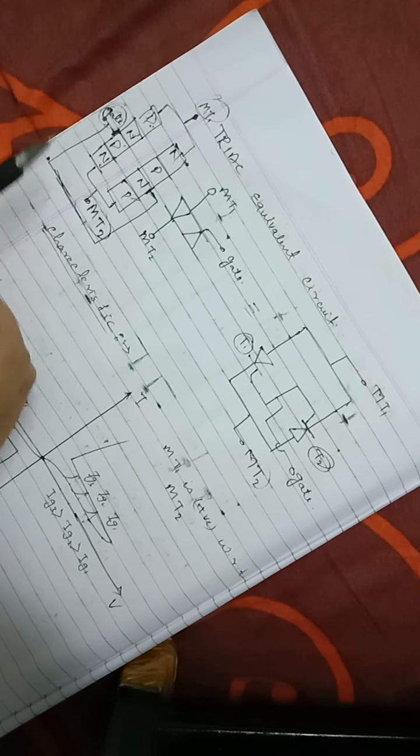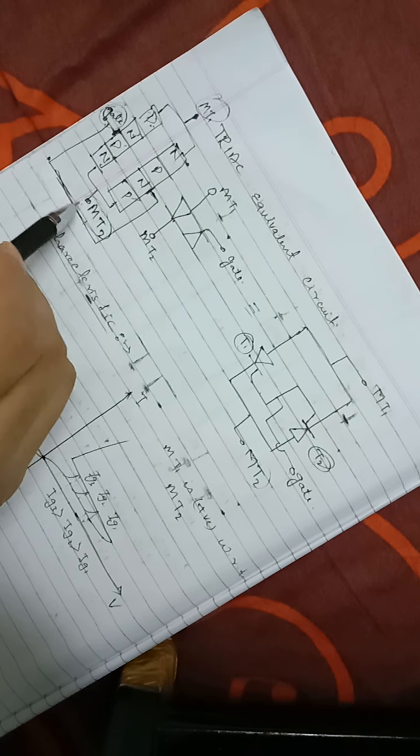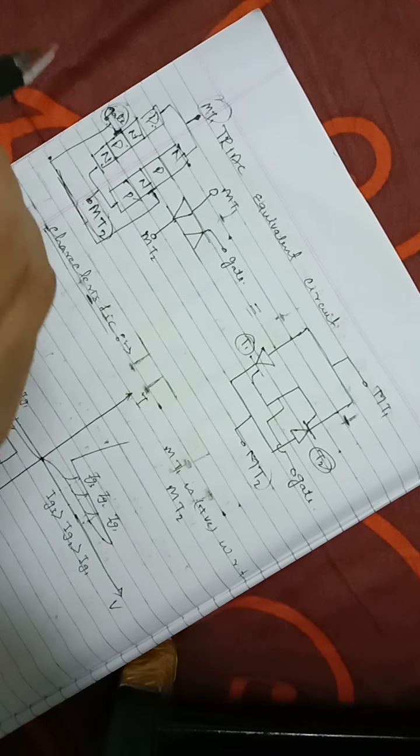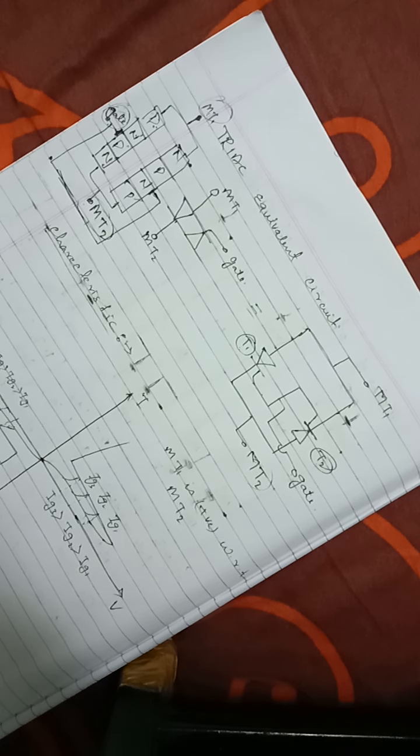It is a bidirectional device that blocks current in its off state, acting like an open circuit switch. But unlike a conventional thyristor, the TRIAC can conduct current in either direction when triggered by a single gate pulse. So this is how you can explain what is a TRIAC.